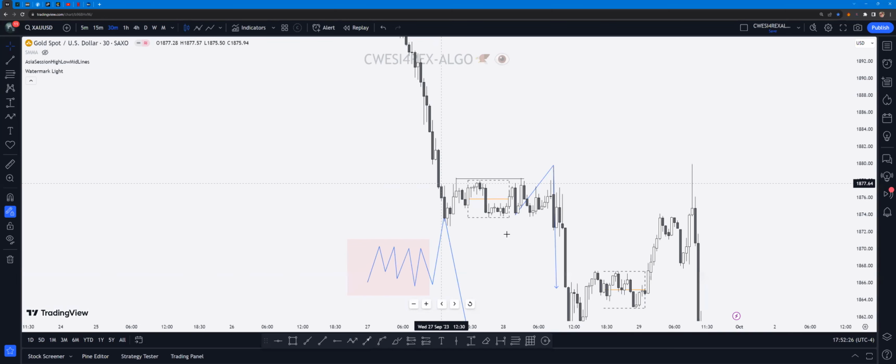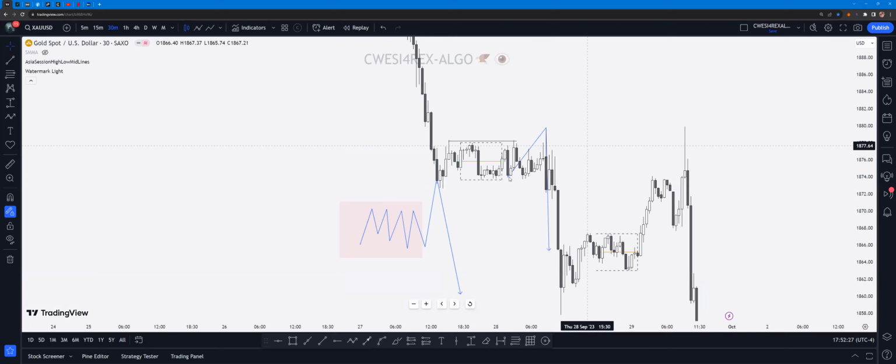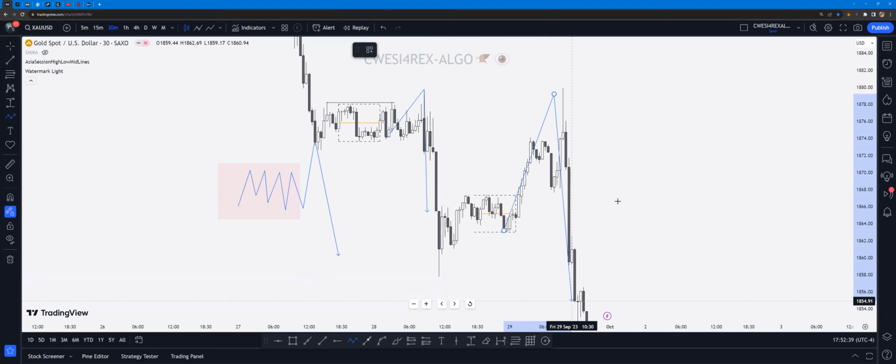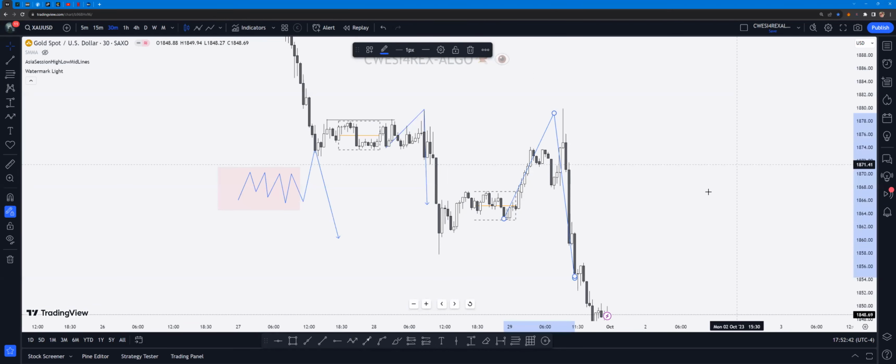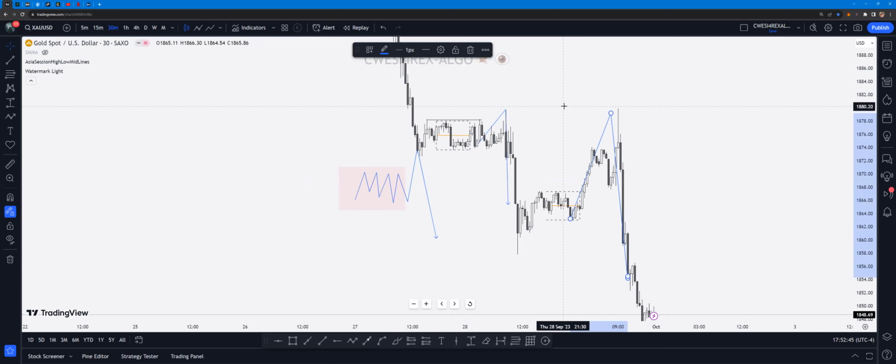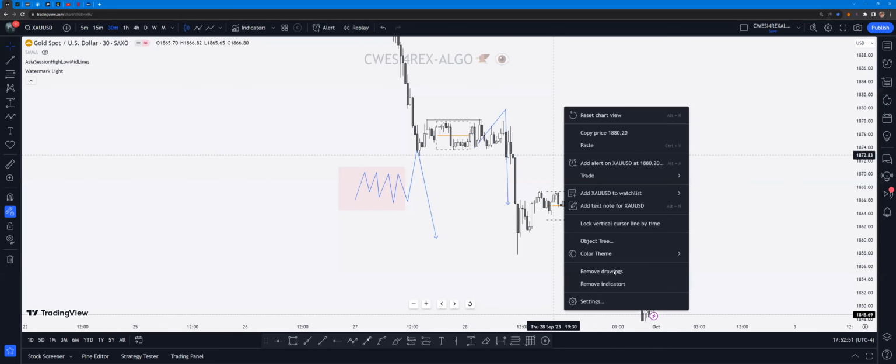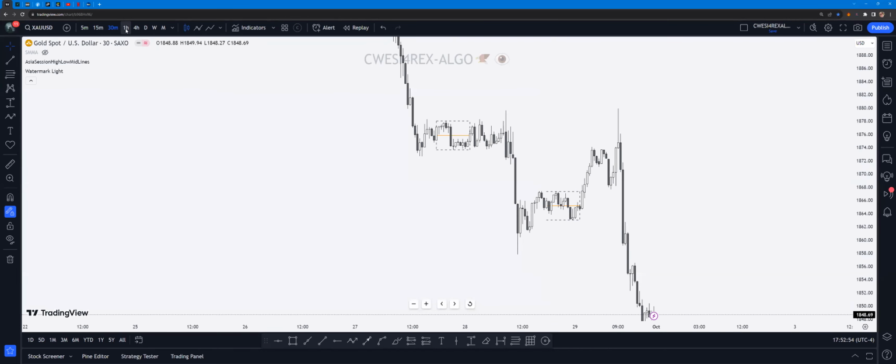Same way over here too, first run to the opposite direction, bearish day. We have, I think, 5 to 7 different types of AMD formations that I used in my algo concept previously.